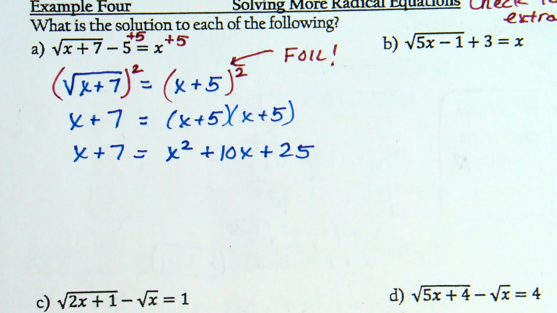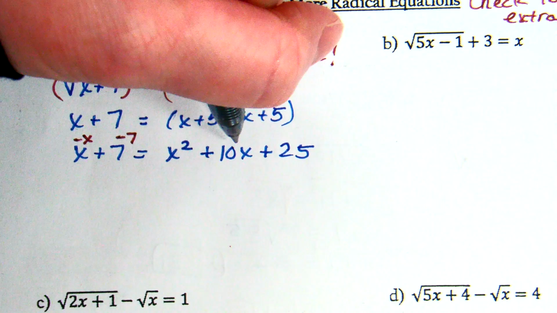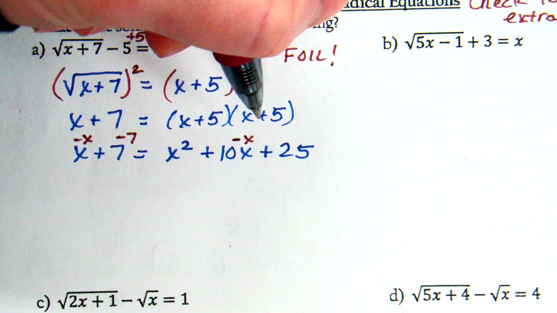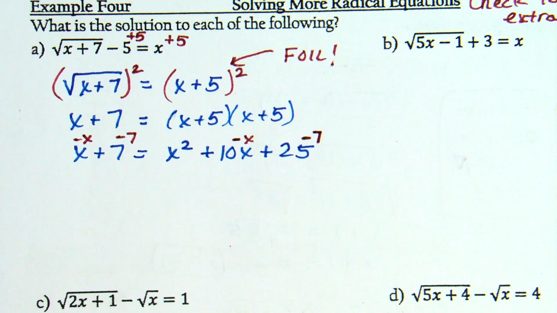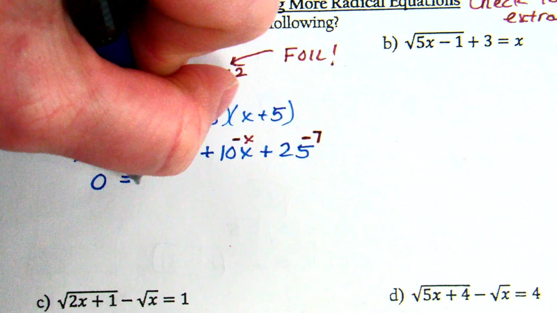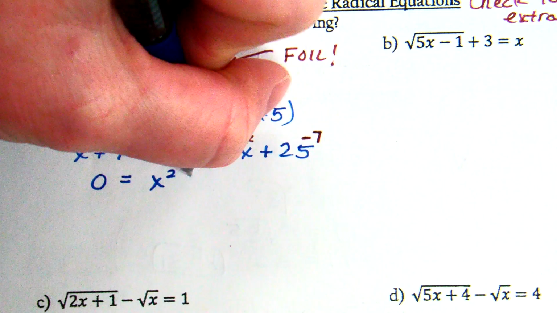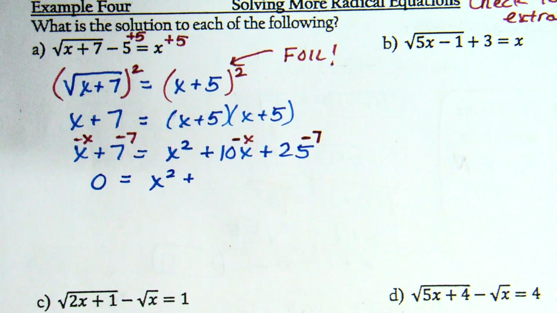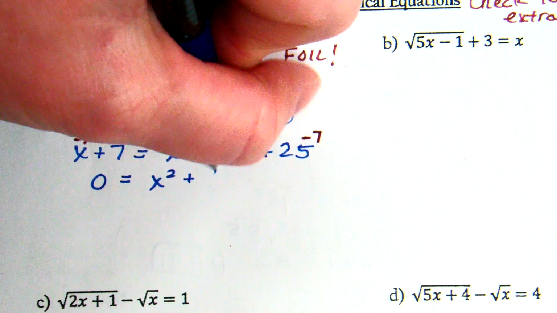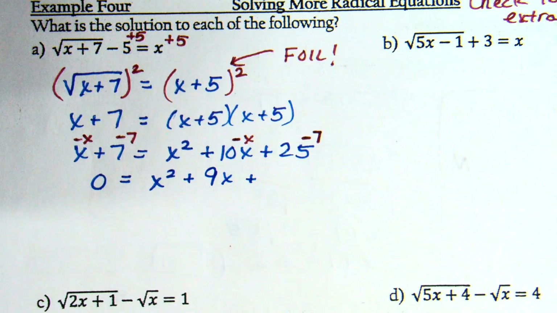Which term am I subtracting the x from? 10x. Where am I subtracting the 7 from? The 25. So now, on the left, I end up with 0 equals x squared plus, what's 10x minus 1x? 9x plus 25 minus 7? 18.